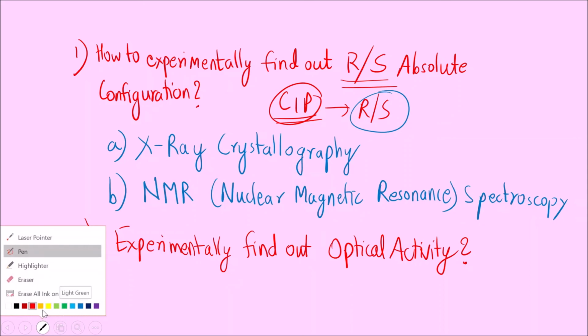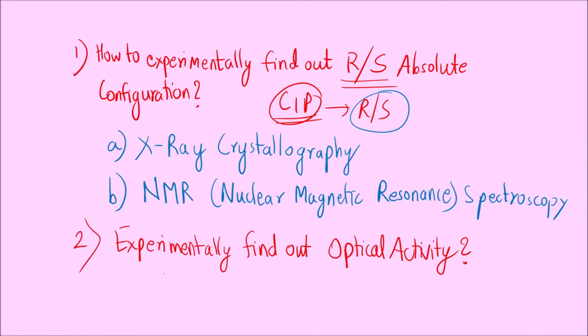The answer to this question is in the next video, where we are going to discuss what optical activity is. We will also see what optical rotation is and how we find it out experimentally. It is done with an instrument called a polarimeter.